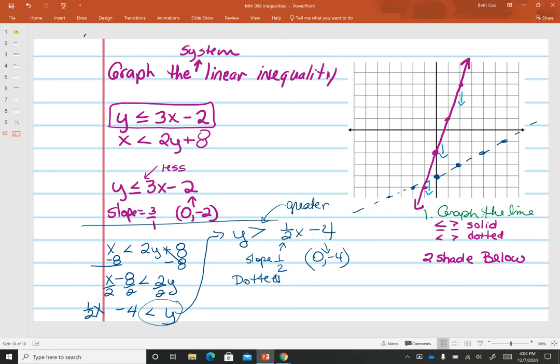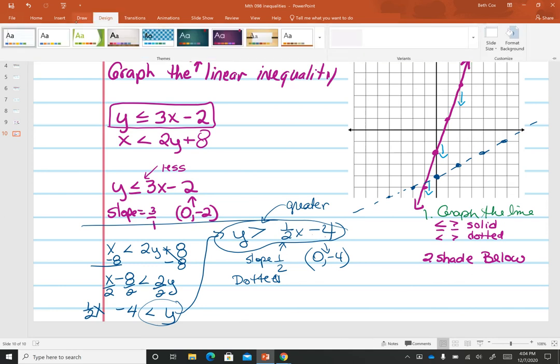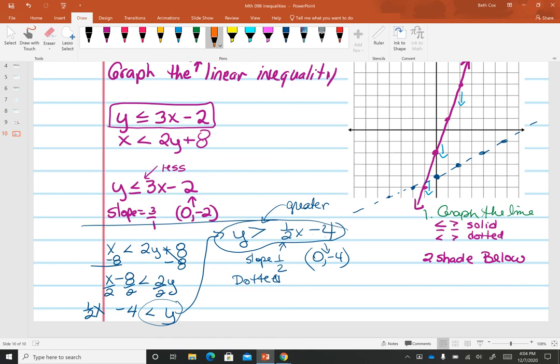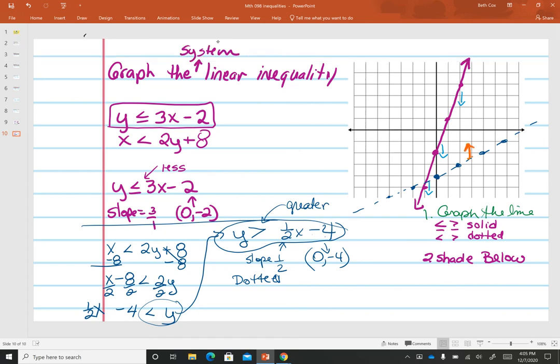Again, at the original problem, it didn't. It's when it's in the y equal format. If it's in the y equal format and it says greater than, then that means I'm going to shade up, so above this line.